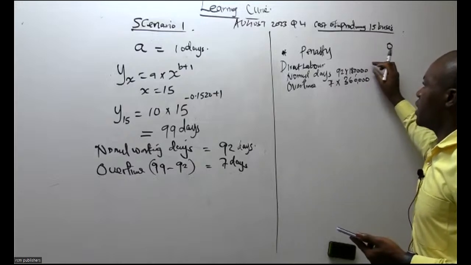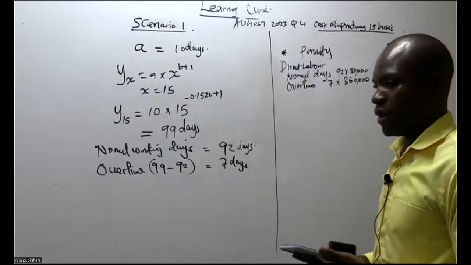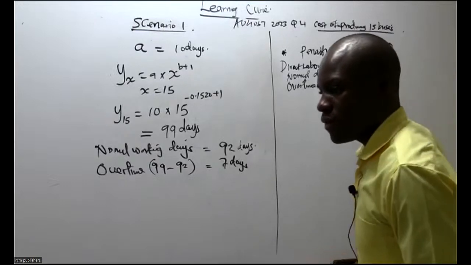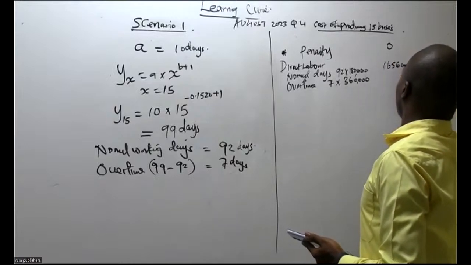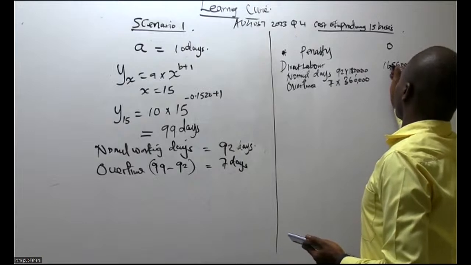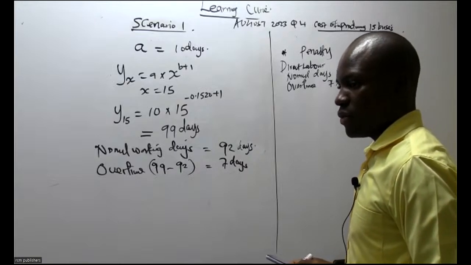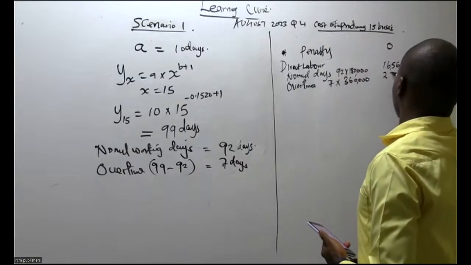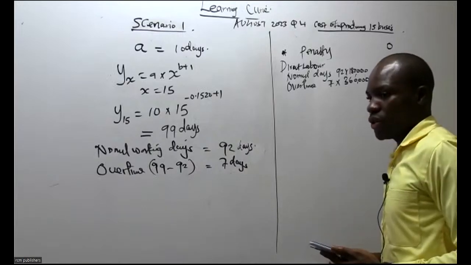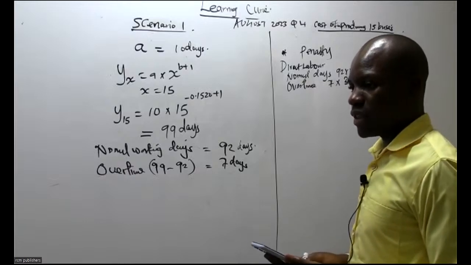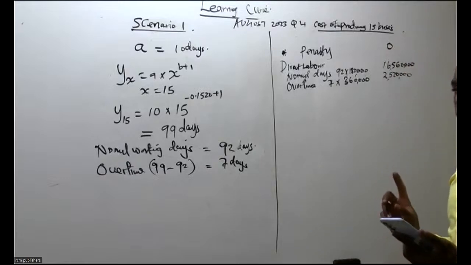Just start with the first one. 92 by 180, tutakuwa na ngapi? Tuchangamke. 16,560. How about the overtime? 2,520. Good. I believe the rest are also getting that for the overtime.